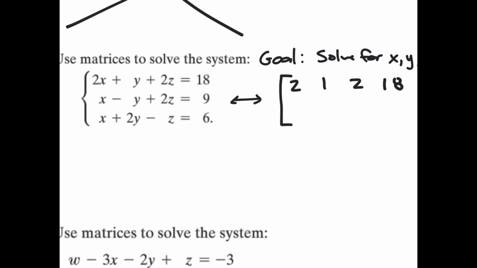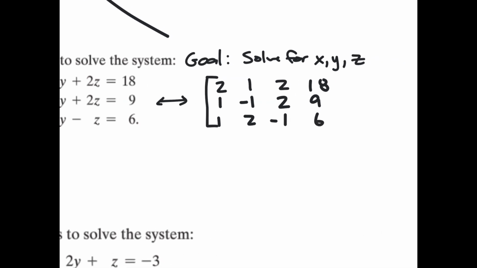All I'm doing is just putting my numbers out there. I've got 1, -1, 2, and 9. And then I've got 1, 2, -1, and then 6. All right, so that's my matrix for this system.